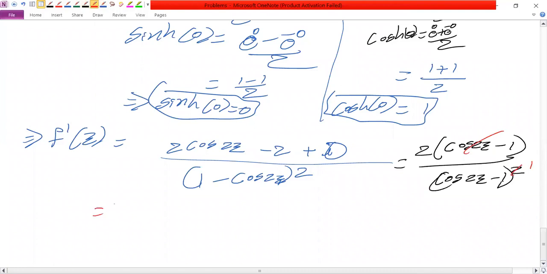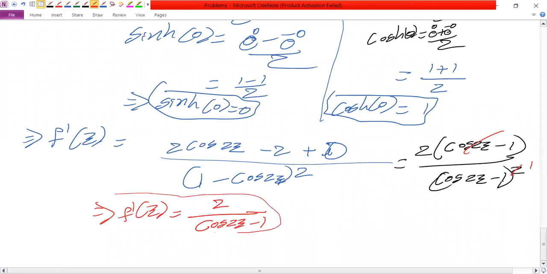So finally we'll get f dash of z equals to 2 by cos 2z minus 1. Even if you take minus 2 common in the numerator, then we'll get 1 minus cos 2z, and the denominator 1 minus cos 2z gets cancelled.